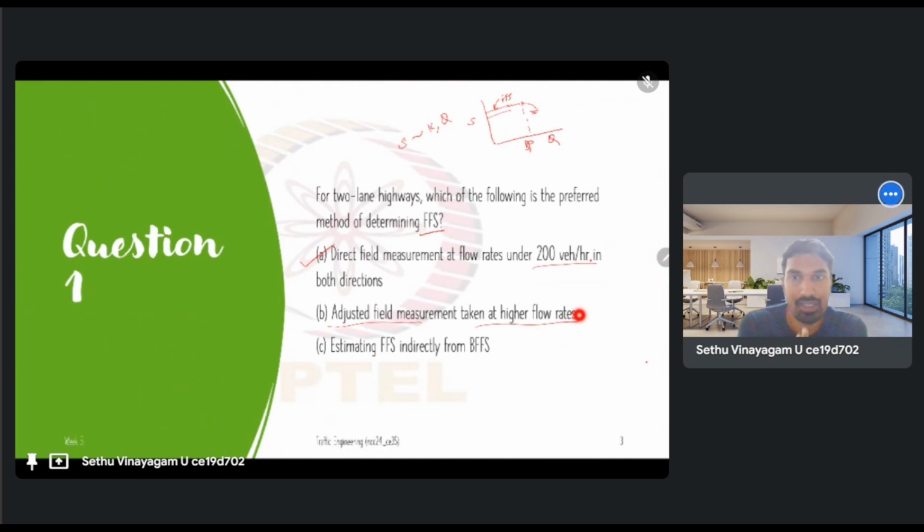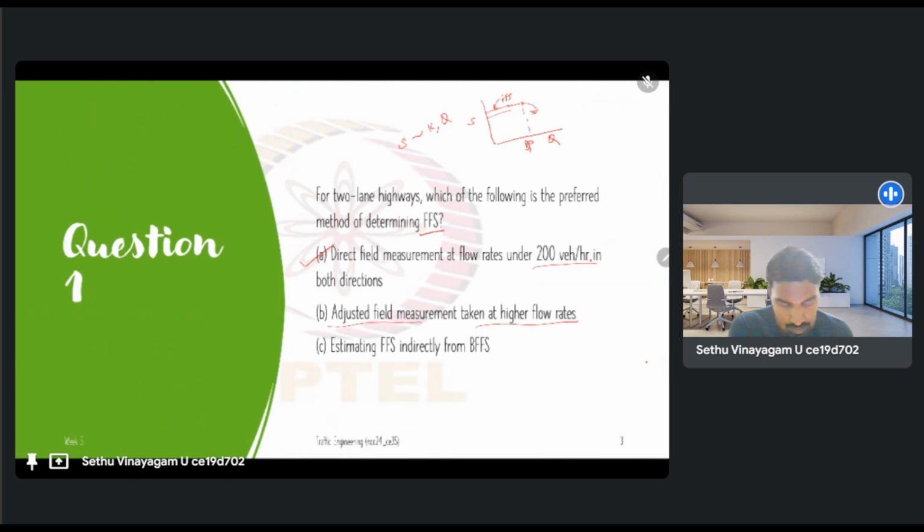But obviously this is not going to be as accurate as what we get from A, because A is the actual condition where free flow exists, so the speed that we observe there is the actual free flow speed. B is some estimate, somewhat like making a guess based on our previous relationships.